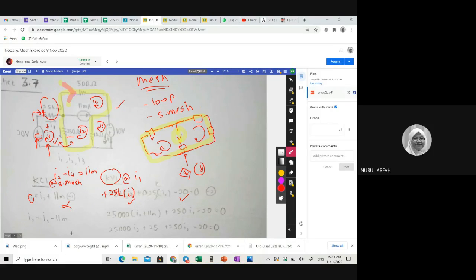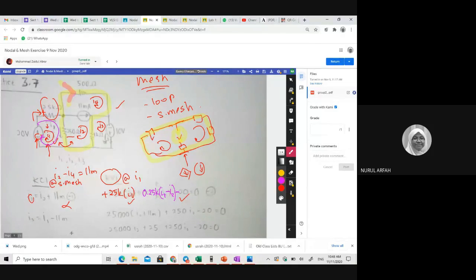So you should target first, because currently you are focusing on this loop. So what should you do? The current here minus the opposite current shared with this 250 ohms. So you have 0.25 kilo here, yes. But for this part, you have I1 minus the opposite, I2.